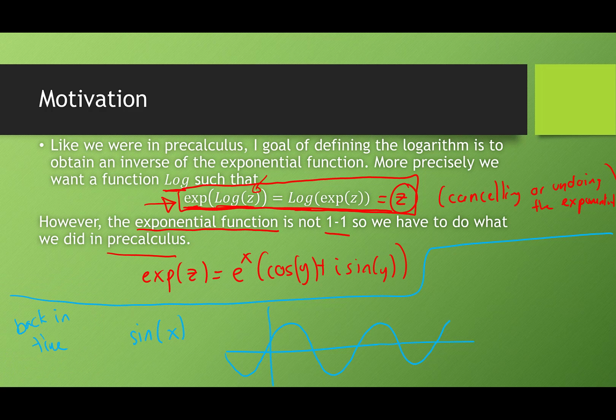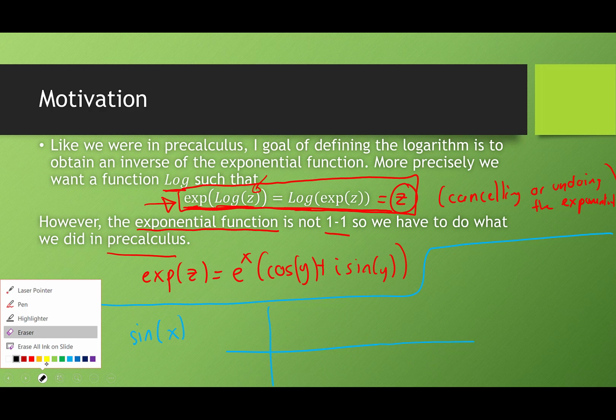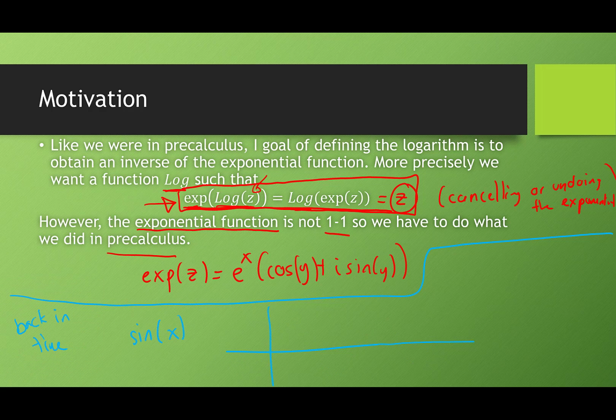Typically what mathematicians do is they look at sine between negative pi over 2 and pi over 2. So if I take my sine function and I chop it up so that I only have the x values between negative pi over 2 and pi over 2, then I actually get a one-to-one function, and then we can use that to define arcsine, or sine inverse.